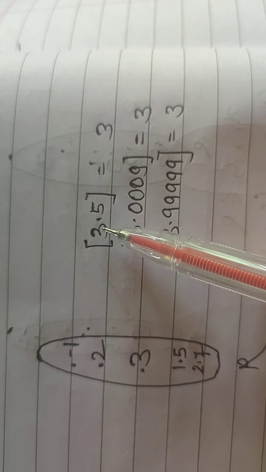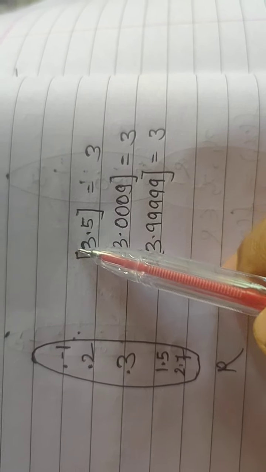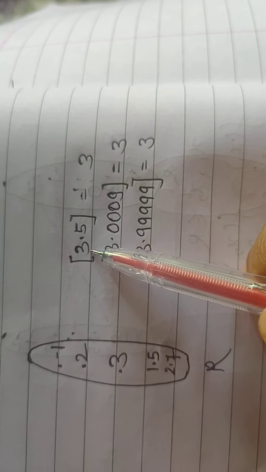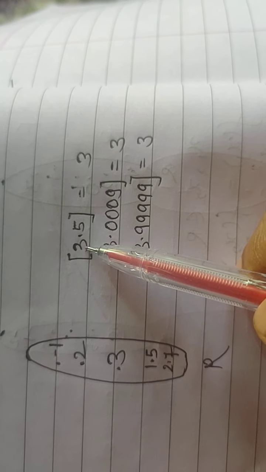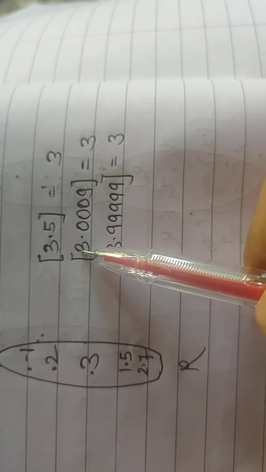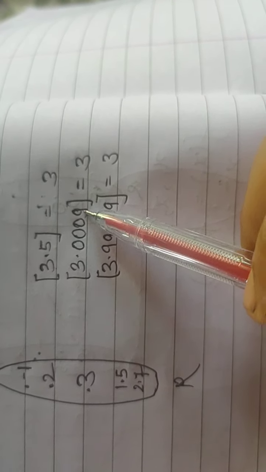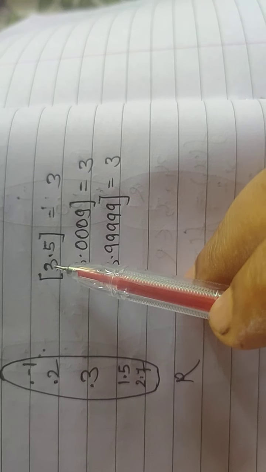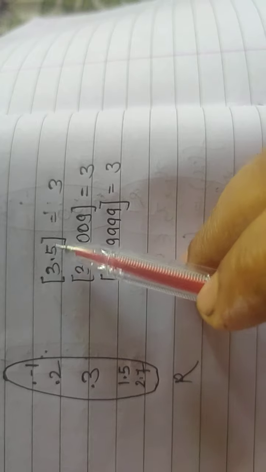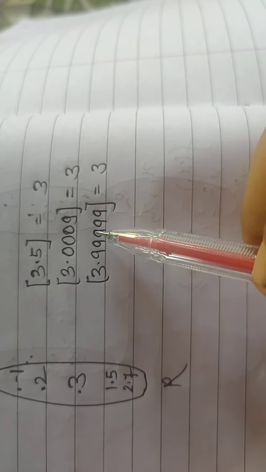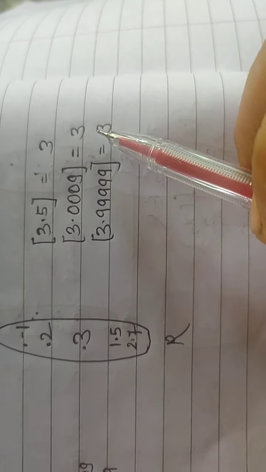When we write greatest integer function of 3.5, we have to consider the integer part of this number. So 3.5, its integer part is 3. 3.0009, its integer part is 3. Greatest integer function of 3.5 is 3, 3.009 is 3, and 3.99999 is also 3.